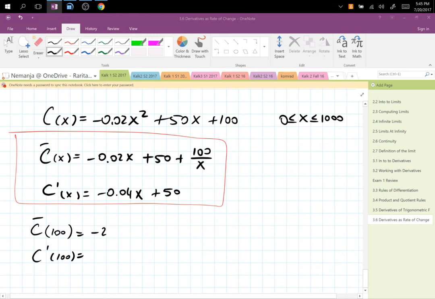We get negative 2 plus 50 plus 1. That's $49 per unit. And if I plug 100 into the derivative, I get negative 4 plus 50, which is $46 per unit.